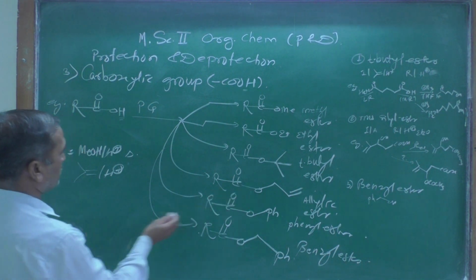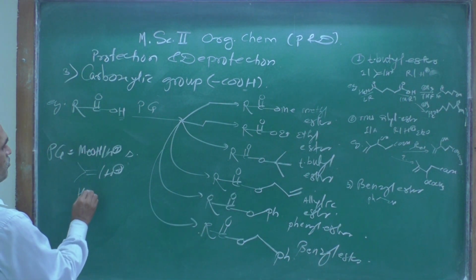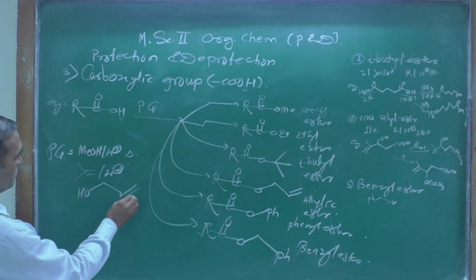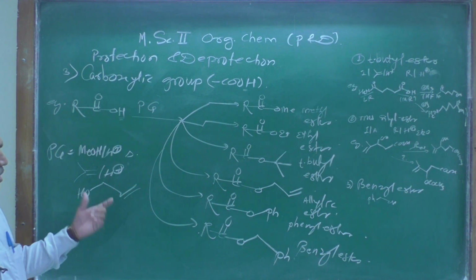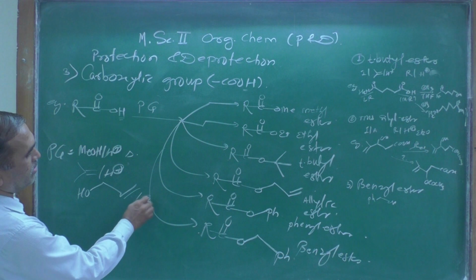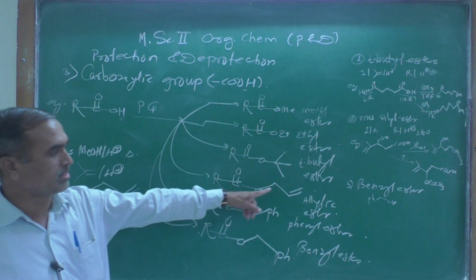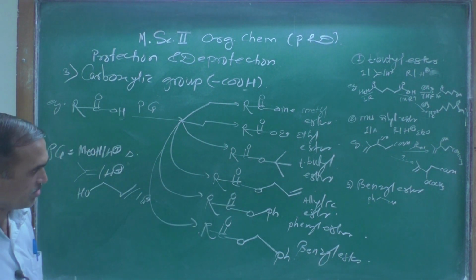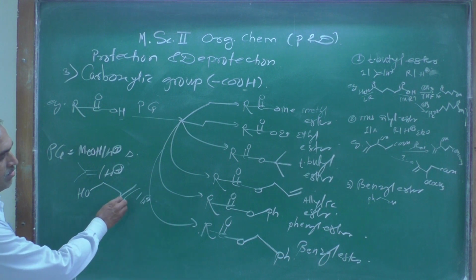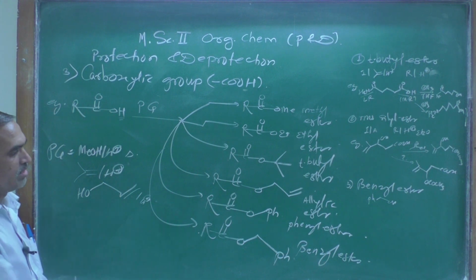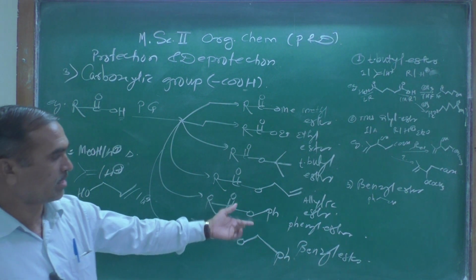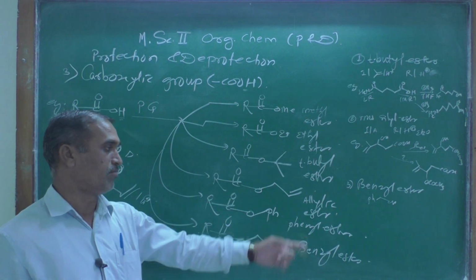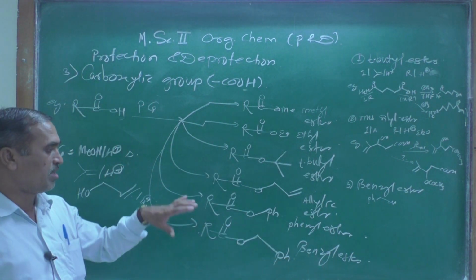And if you use an allylic alcohol in the presence of H plus, you will get this type of allylic ester.